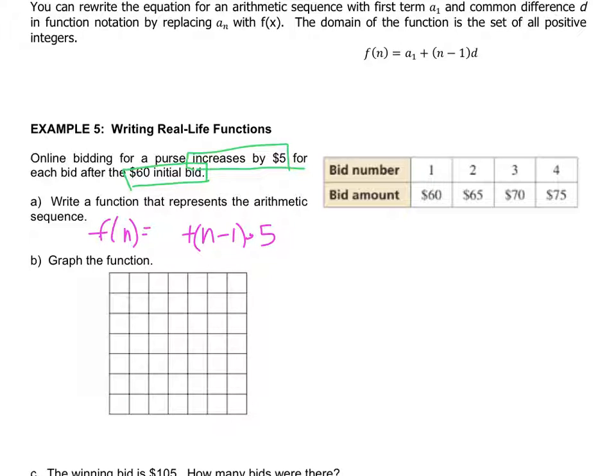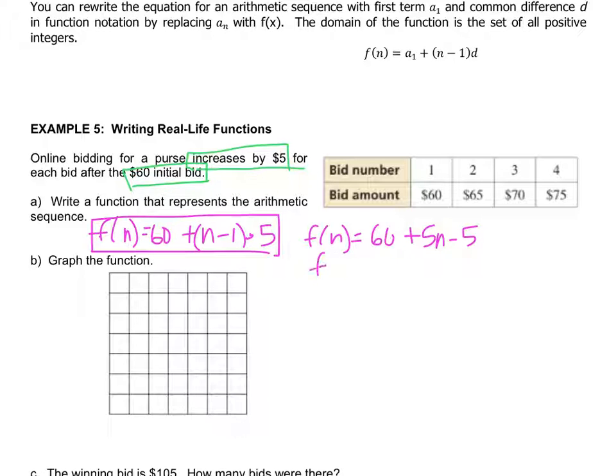It's bothering me. Okay. So you can leave it just like this. That's totally fine. But I'm going to distribute. So I get f of n equals 60 plus 5n minus 5. So f of n equals 55 plus 5n.